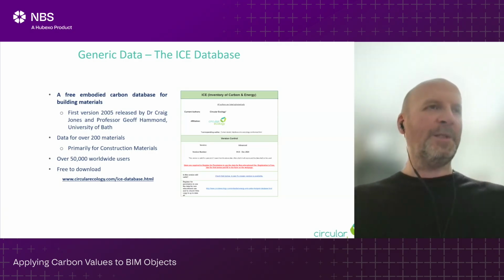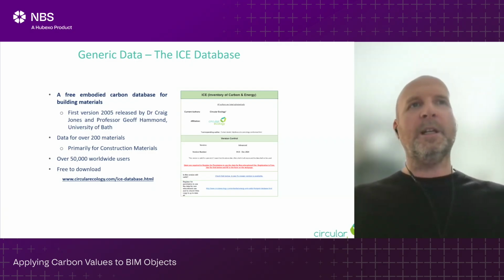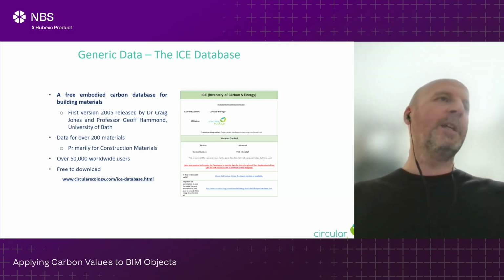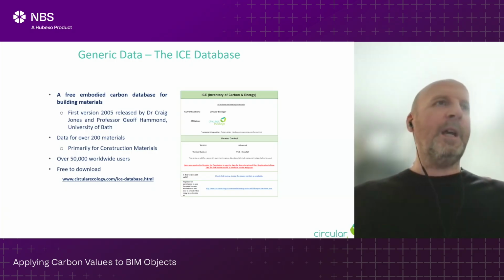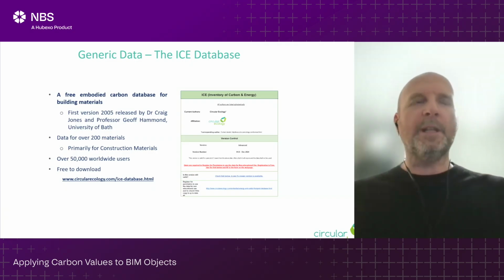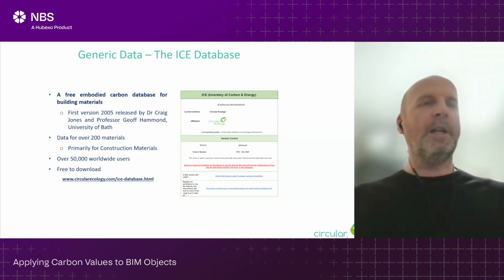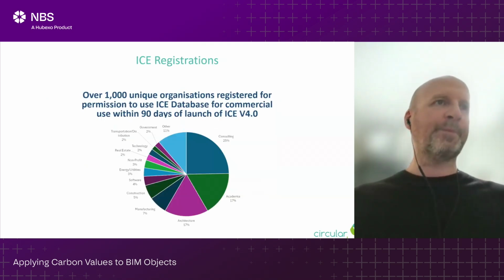We don't truly have full stats of how many unique users have downloaded it since it was first released, but it has been tens of thousands, probably over 100,000 or more. It is a free to download database on the Circular Ecology website, so you can download it from there, and you will find generic embodied carbon data for construction materials like aluminium, timber, cement, concrete, steel.